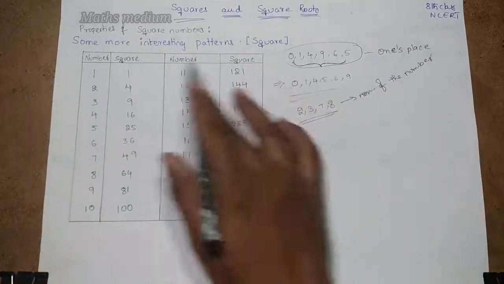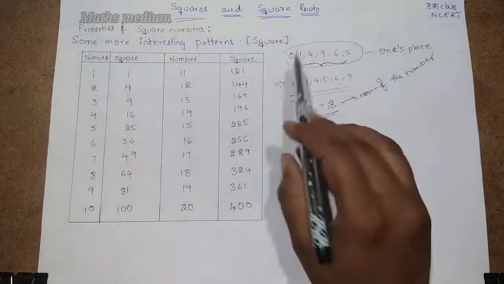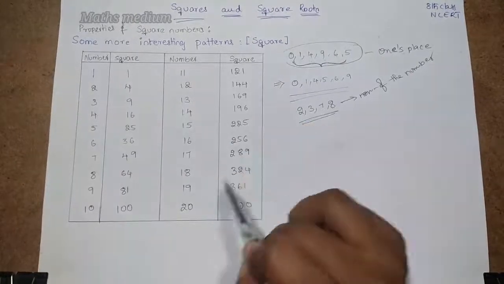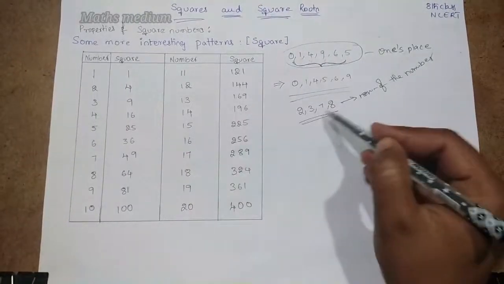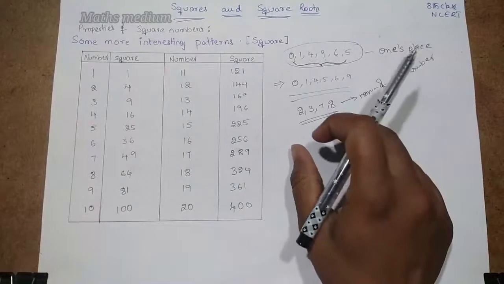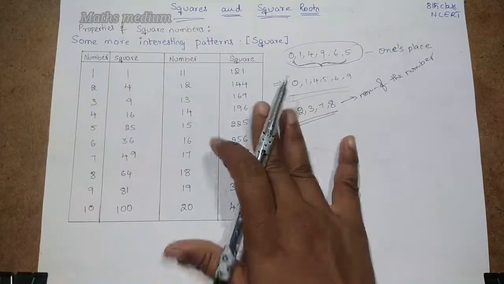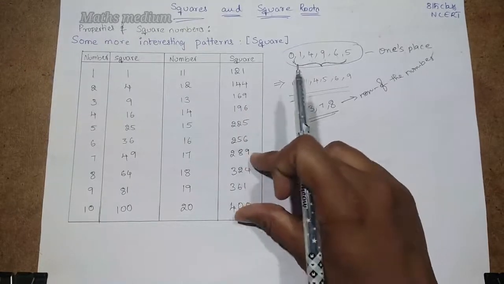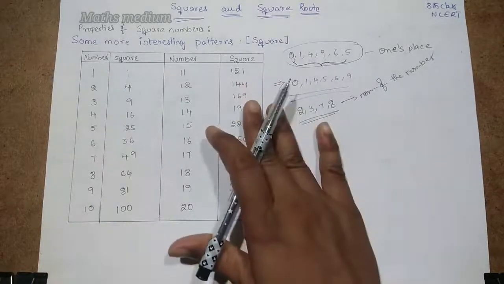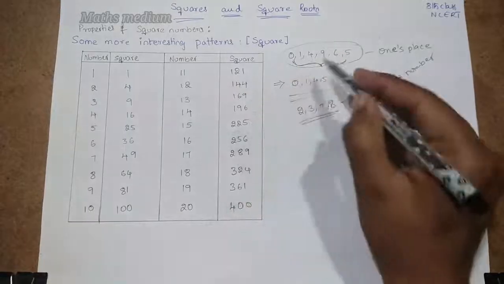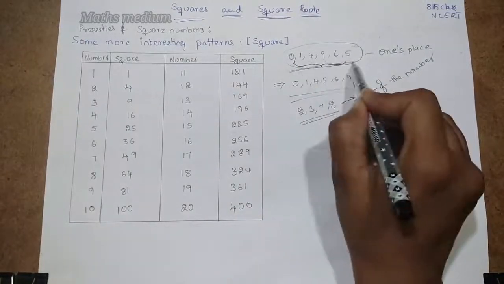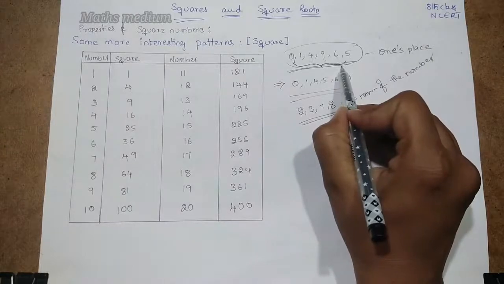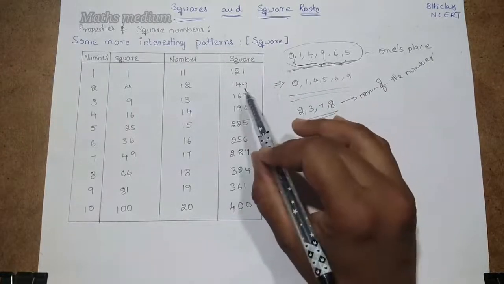Because if you observe these patterns, we get only 0, 1, 4, 9, 6, 5 at the ones place, but never 2, 3, 7, 8. So this is the best property of square numbers. By observing the ones place, we can estimate whether a number is a perfect square. If one of these 6 digits is in the ones place, then it may be a square number.